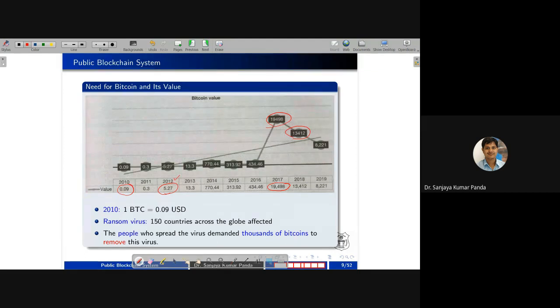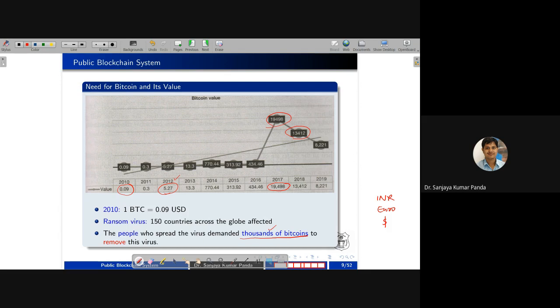So in the computer virus, that is ransom, it spread to 150 countries, and those people who injected this virus in the internet demanded thousands of Bitcoin. They have not asked for money in terms of INR. They have not asked for money in euro. They have not asked for money in dollars. Rather, they asked for the money in Bitcoin.